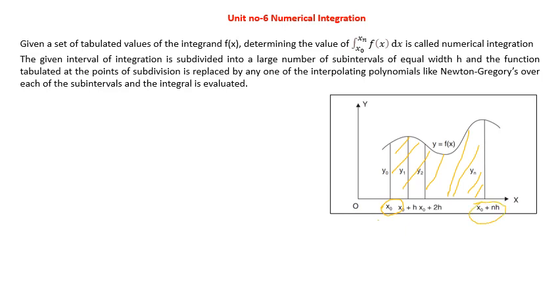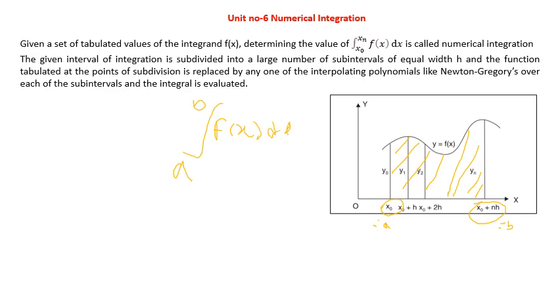Now x0 can be termed as the lower limit a, and the upper limit x0 plus nh can be termed as b. So here we can also write this as the integral of f of x running from a to b dx. This represents the area under the curve.